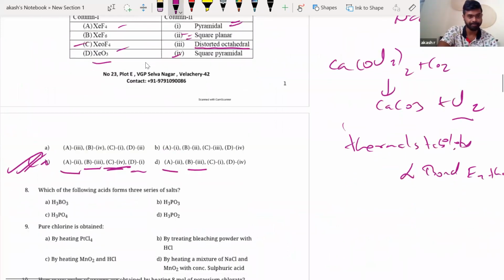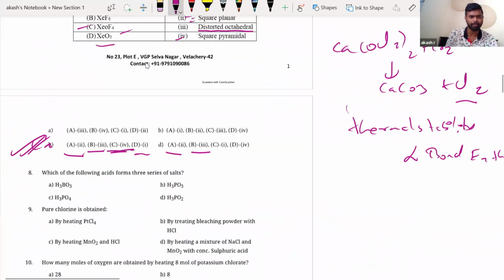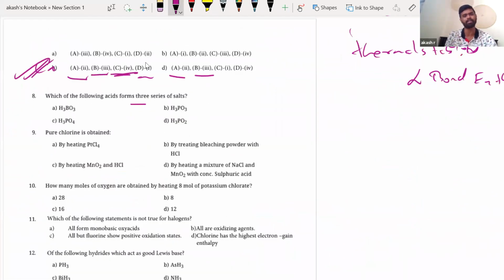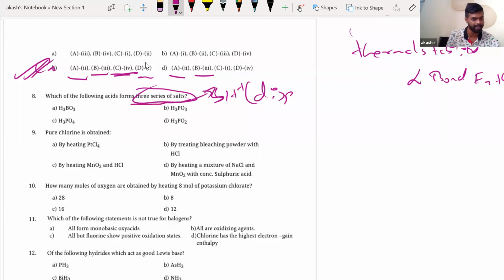Okay, next. Which of the following forms 3 series of salts? That is, you have to form 3 salts. Now, if you want to form 3 salts, I need to have 3 H plus, which can be displaced from the acid. Now I think you would all guess the answer. The answer is H3PO4.